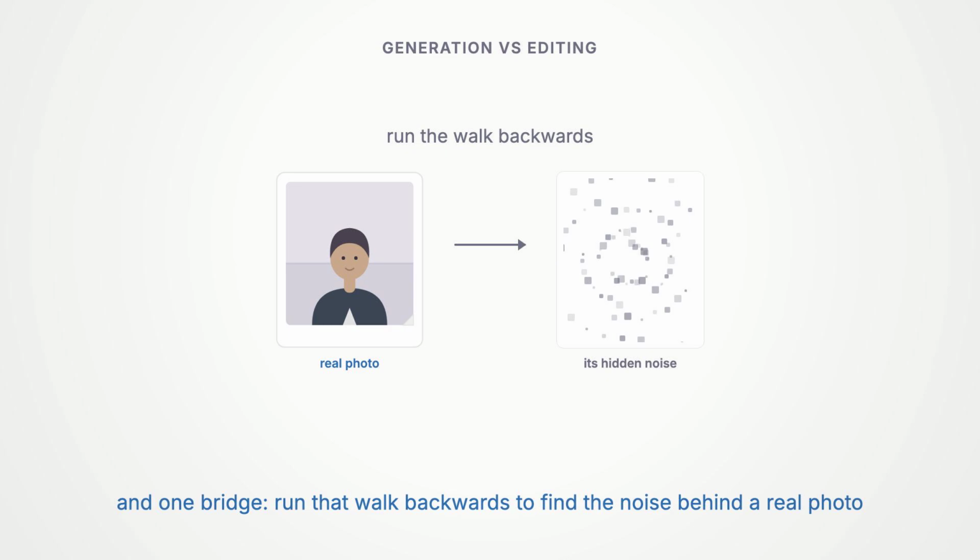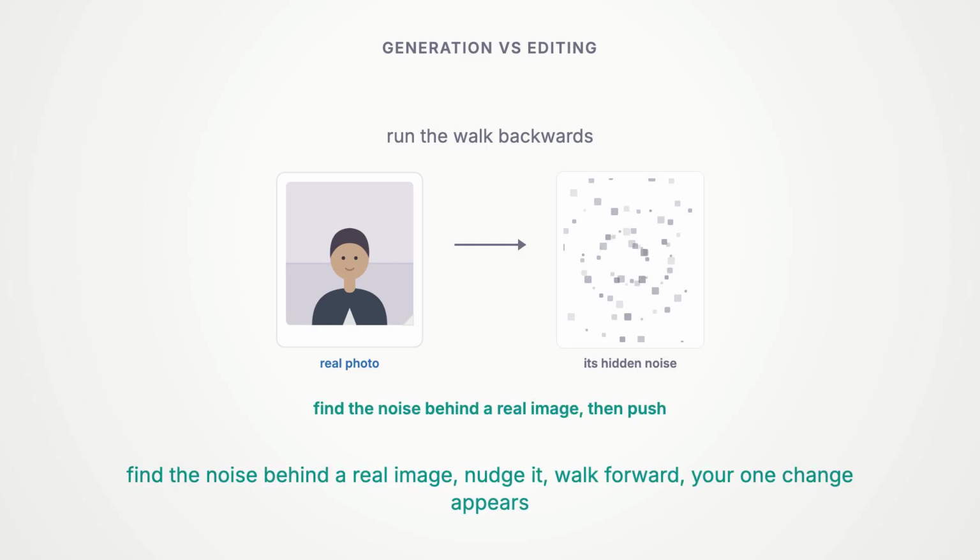The recovery is approximate. A tiny error creeps in at each step, but it lands close. Once you have that noise, the noise behind your photo, you nudge it a little and walk forward again, and out comes very nearly the same picture with your one change. Find the noise behind a real image, then push. That single trick is quietly underneath a lot of what follows.